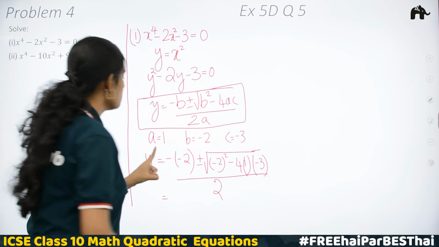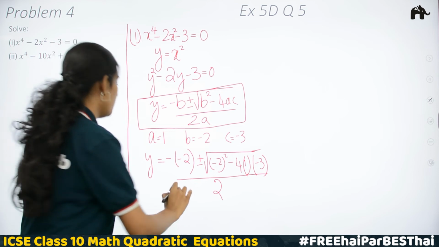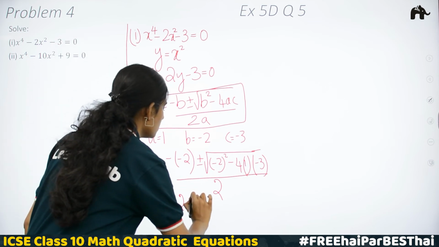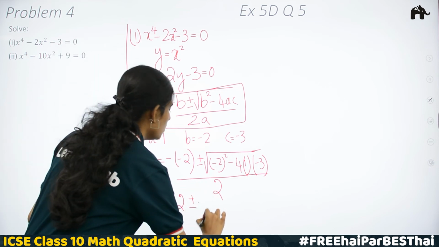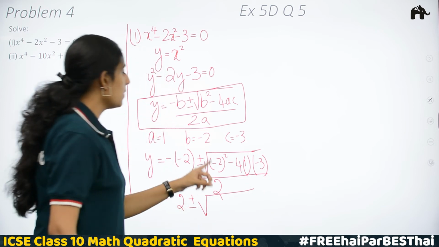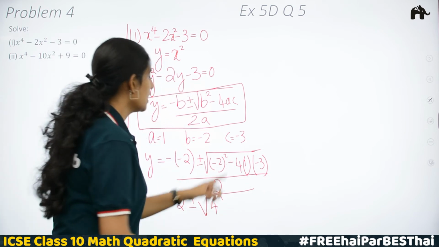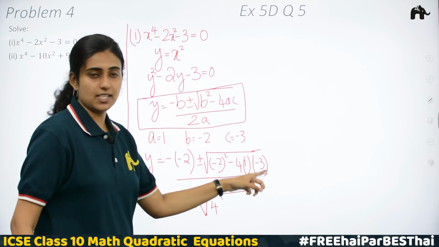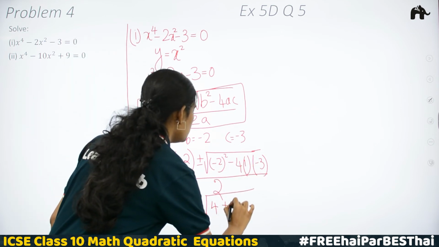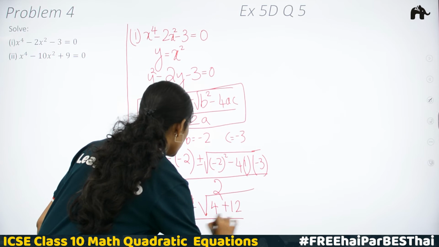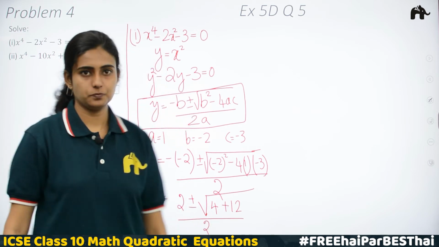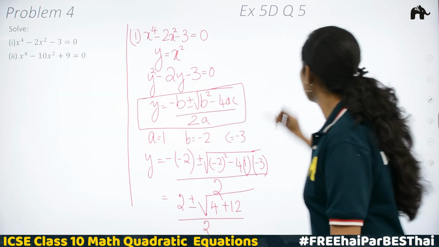Now, what is minus of minus 2? Plus 2. Plus 2 plus or minus root of minus 2 square is plus 4, minus 4 into minus 3, that is plus 12. Denominator we have a 2 divided by 2. Okay.